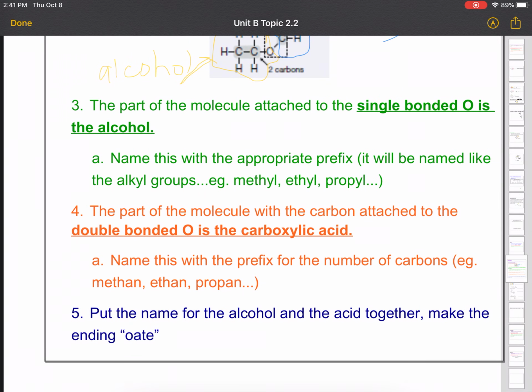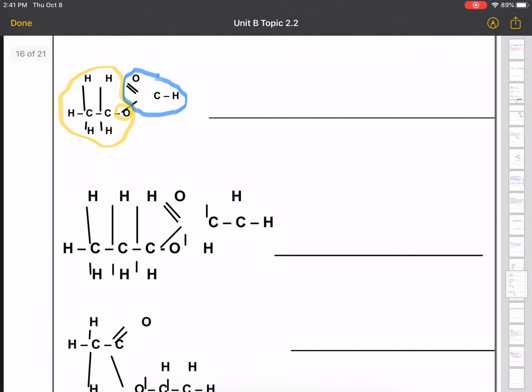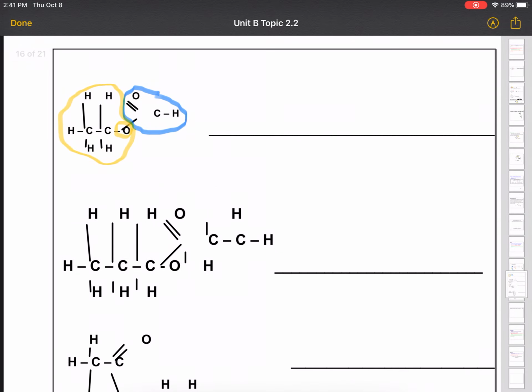So just to refresh, we figured out which part is which. We want to name the part that is the alcohol as an alkyl group. So this part with the alcohol is going to have 2 carbons.